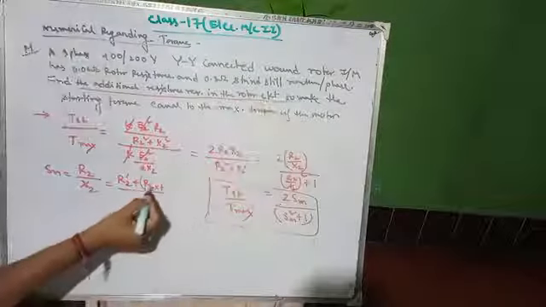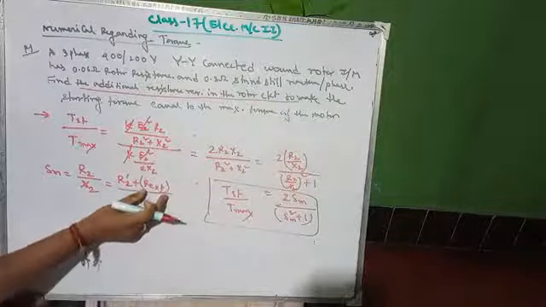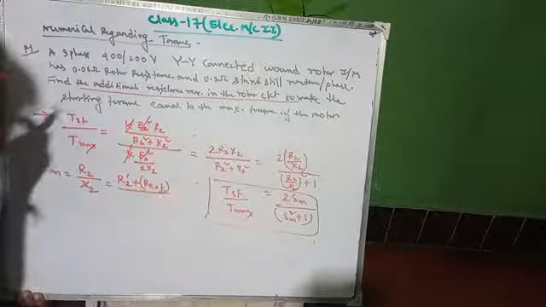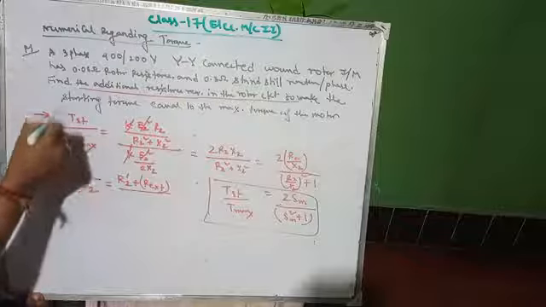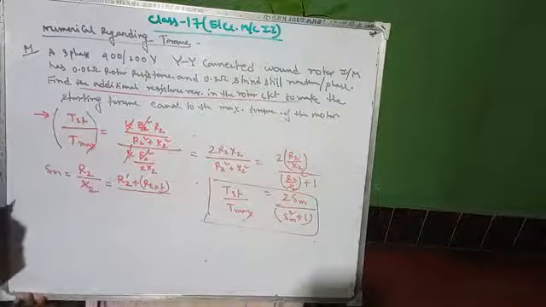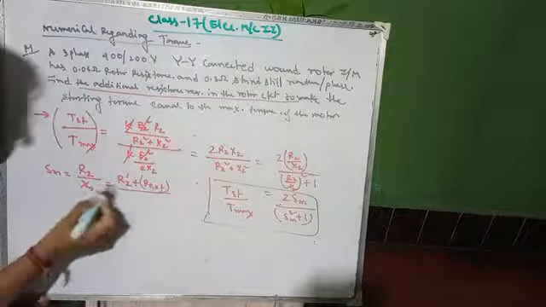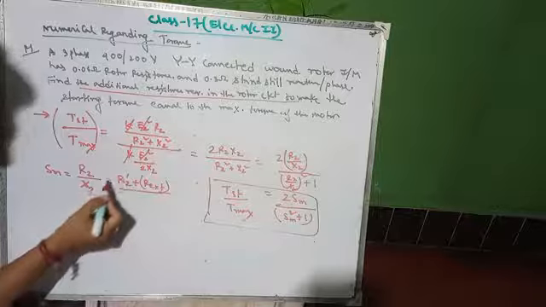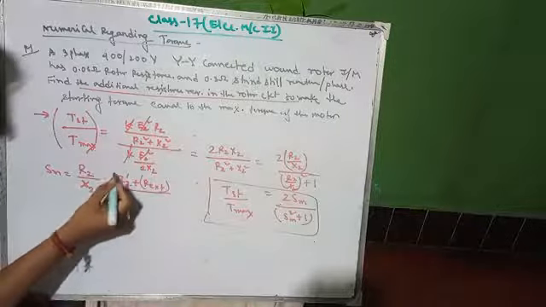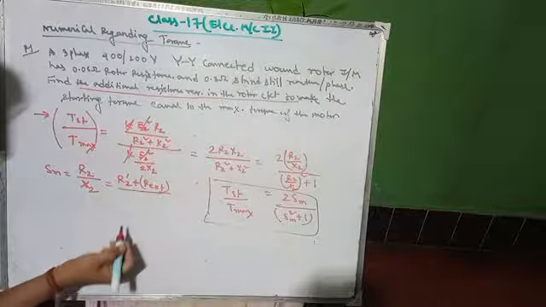So let us consider Rext is the additional resistance we have to add to make the starting torque equal to the maximum torque. So R2 is whatever the resistance in the previous case, plus Rext, by X2.